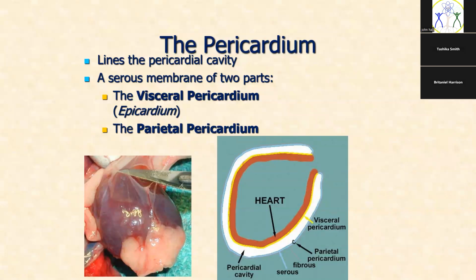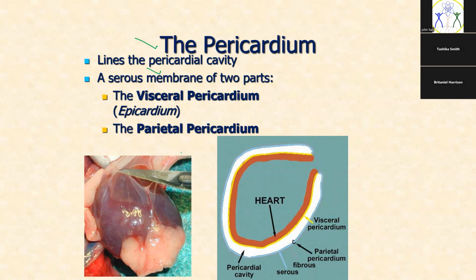Nice. Anyway, most organs, as you know, are going to have a membrane around them, which helps to protect them. The name of the membrane is going to be associated with the organ. The membrane around the heart, of course, is called the pericardial membrane or the pericardium, right? Inside you have the pericardial cavity, which is going to have lubricating fluid, okay?